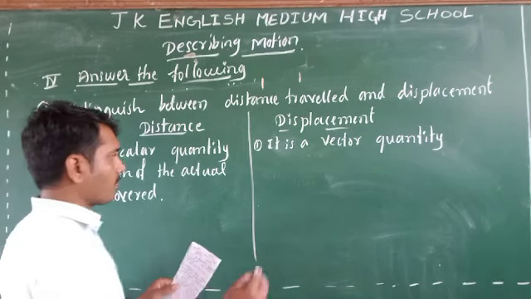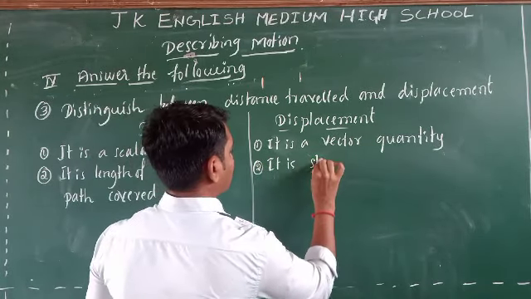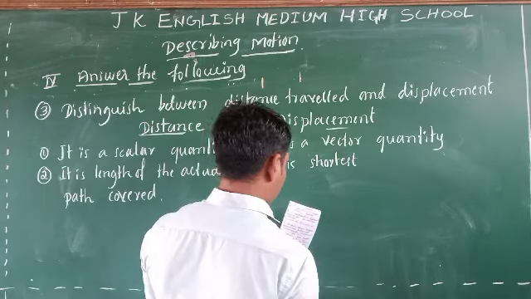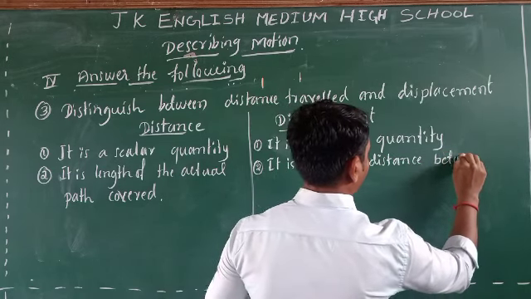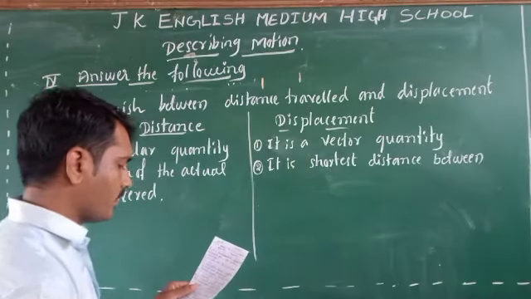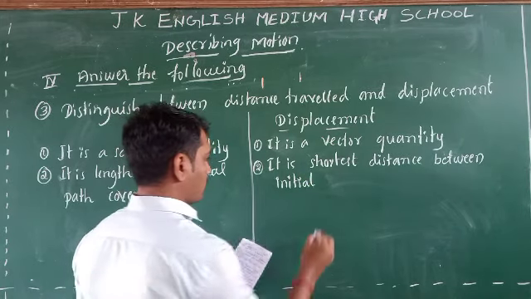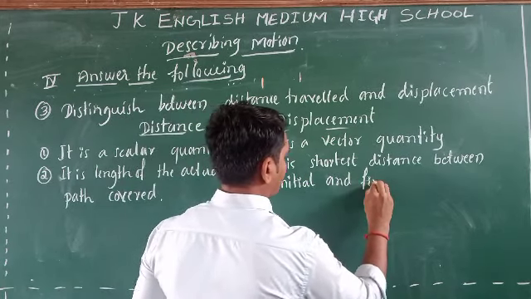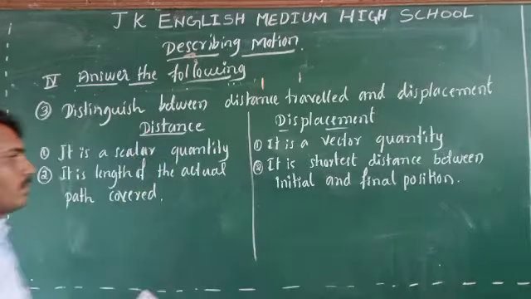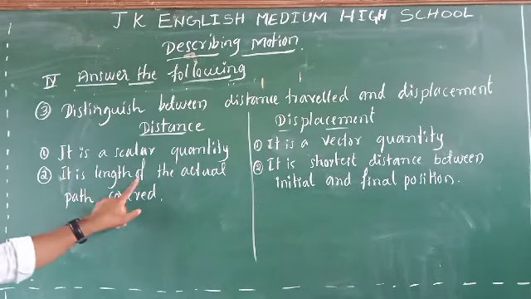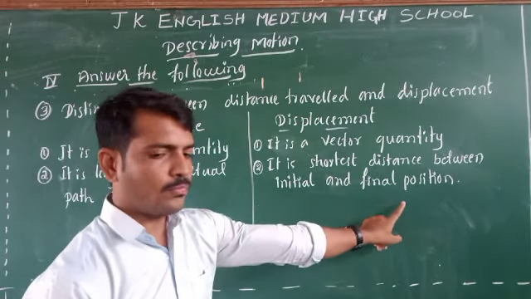That is, displacement is the shortest distance between initial and final position. Look here, distance is the length of the actual path covered. Displacement is the shortest distance between initial and final position.